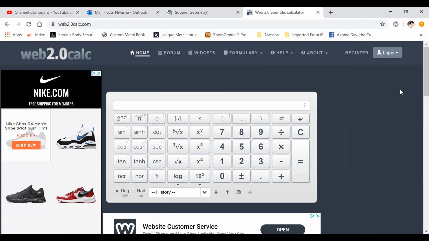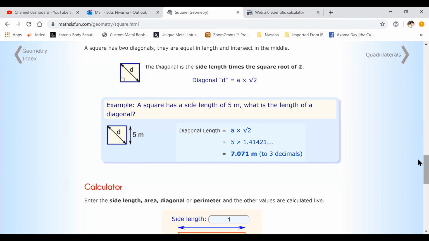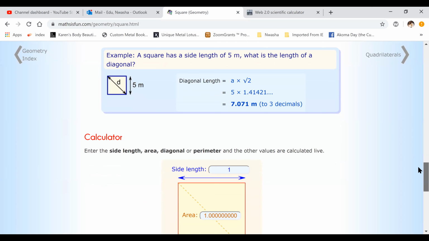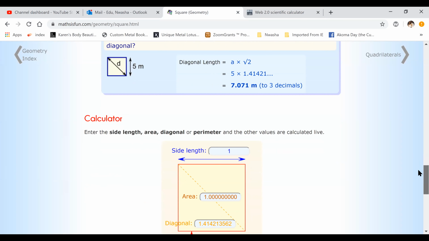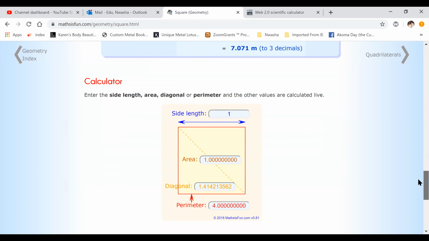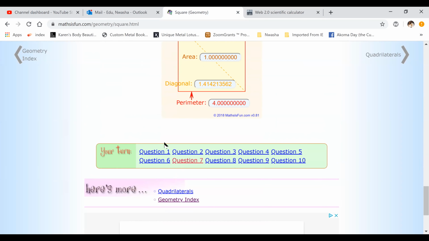It's okay, it's okay. So just whatever calculator you're using, look for that key, because you're going to need it for a couple of the questions that are doing the diagonal. So you can use the Web 2.0, you can use Google, you can use your cell phone, whatever you need to use. So coming down a little bit more, here you're going to see the quiz.